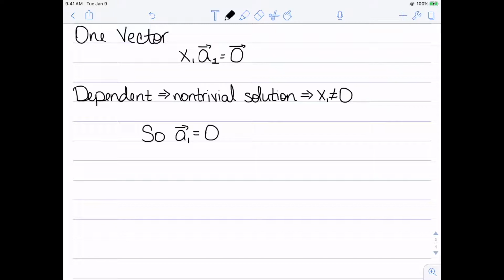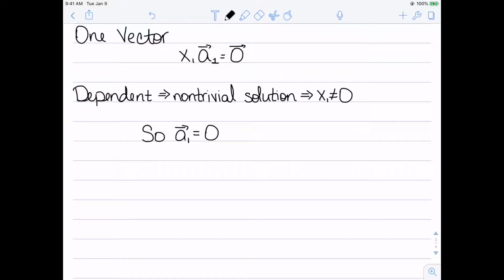That would imply that a1 is equal to 0. So this tells us that this is only dependent if our vector is just the 0 vector. So if we have the vector of all zeros, it will be linearly dependent, and if it's any other vector, it will be linearly independent.